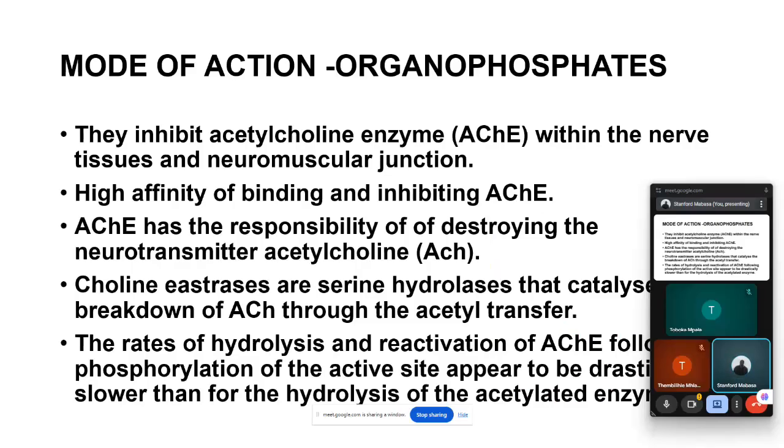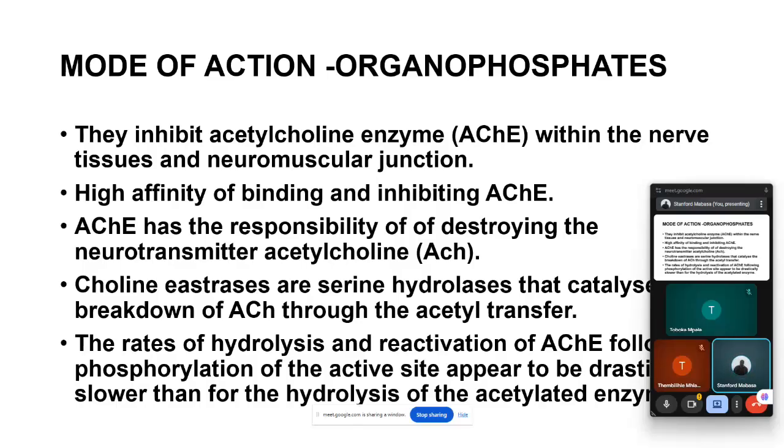Now, what is the mode of action of organophosphates? Basically, organophosphates affect the nervous system. I hope you understand when we talk of the nervous system of a pest, in this case, an insect. Now, there's an enzyme which is used during the transmission of a message in a nervous system.